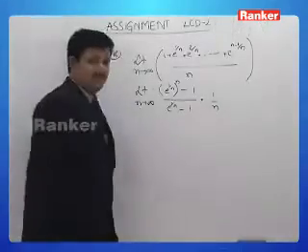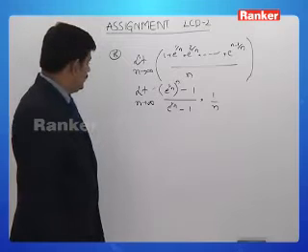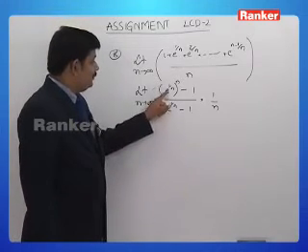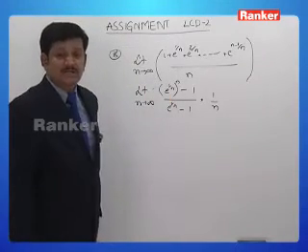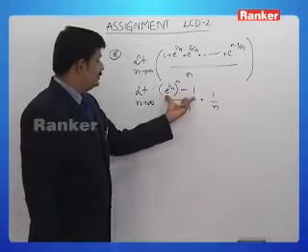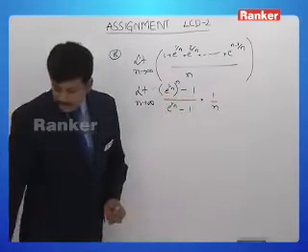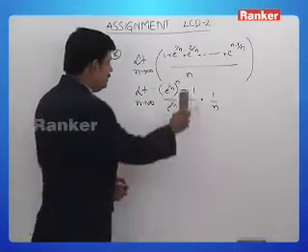So, let us write it separately here. Now, let us see e power 1 by n whole power n is e, and this number is e minus 1. A non-zero finite number, we can always bring it out of the limit.